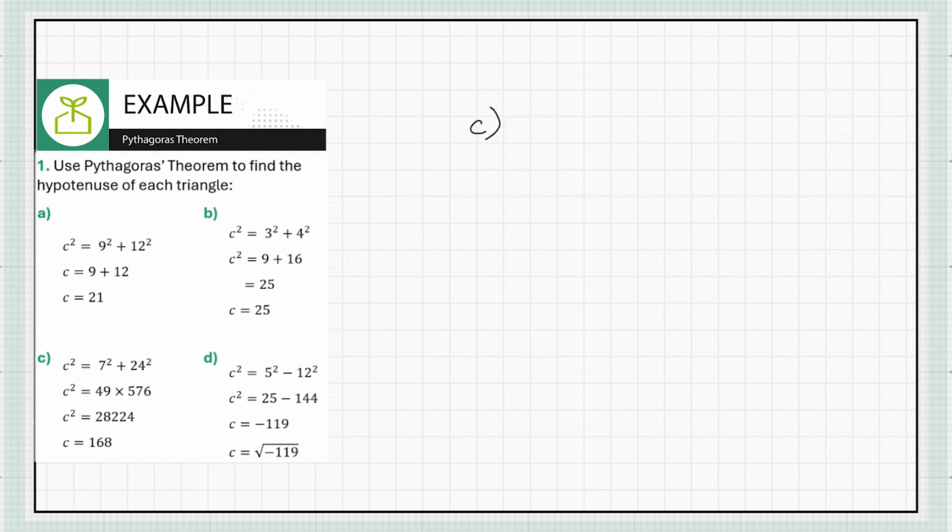Okay, looking at c, we have c squared is equal to 7 squared plus 24 squared. So that's fine. C squared is equal to 49 times 576. So obviously for some reason here we have decided to multiply, and this actually happens more often than you would think.